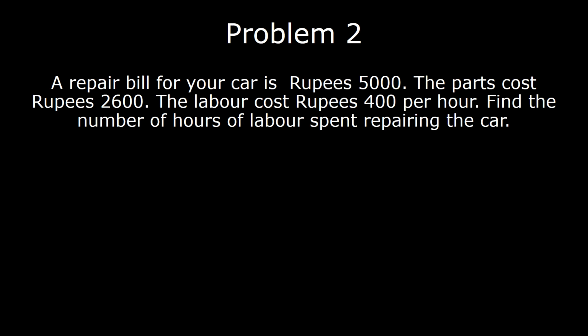Transposing 2600 from the RHS to the LHS, we have 5000 minus 2600 equals 400n. Therefore, 2400 equals 400n. Transposing 400 from the RHS numerator to the LHS denominator, we have 2400 upon 400 equals n.